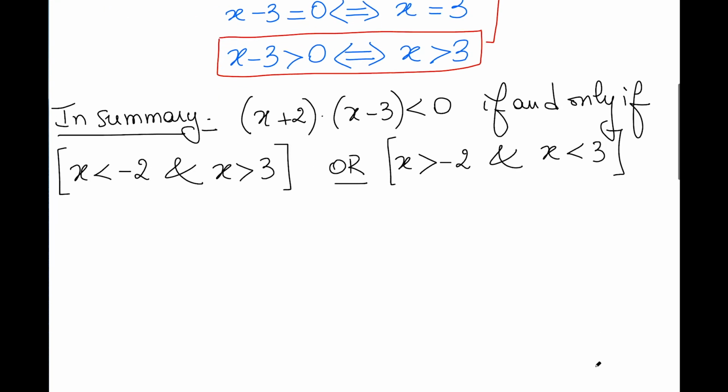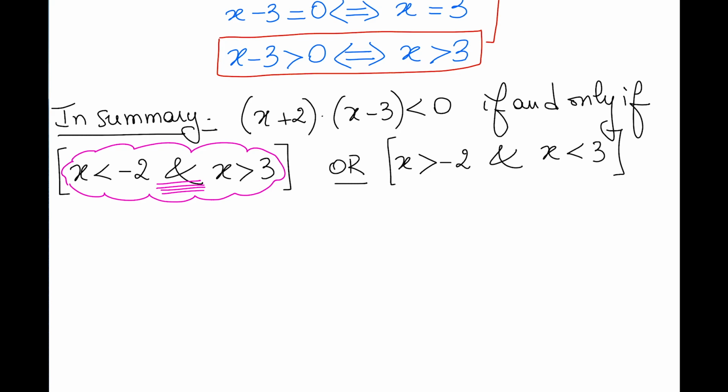Excellent. Let's look at this. Take a look at this one here. Think about it for a second. x is less than negative 2 and x is greater than 3. Well, if x is less than negative 2, certainly it cannot be bigger than 3.